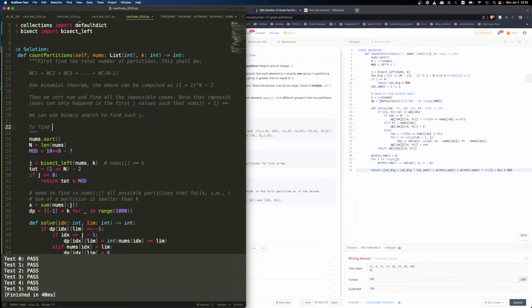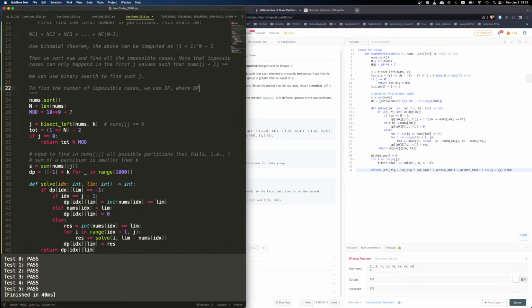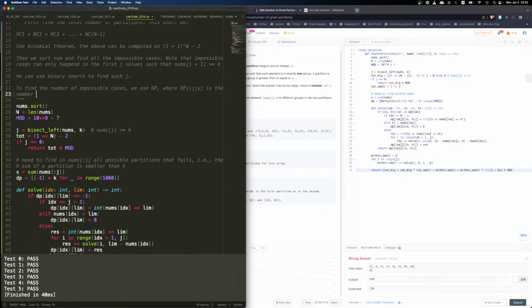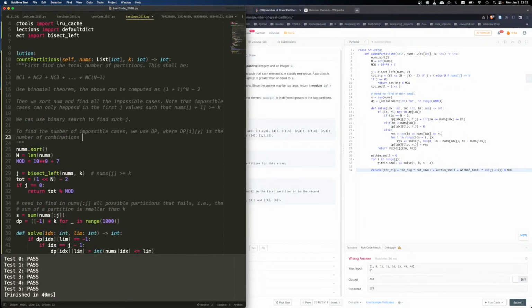To find the number of impossible cases, we use dp, where dp[x][y] is the number of combinations whose sum is smaller or equal to y.